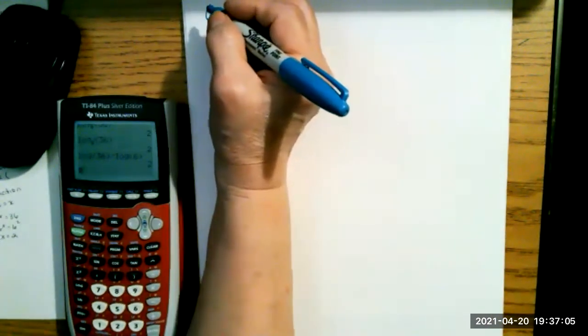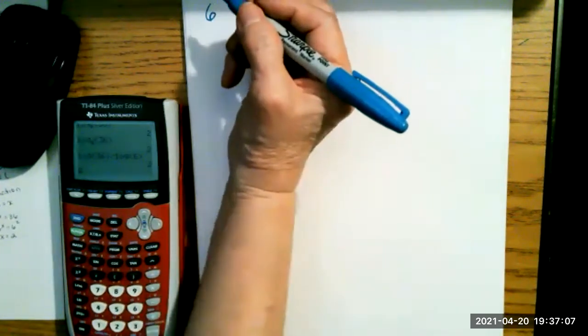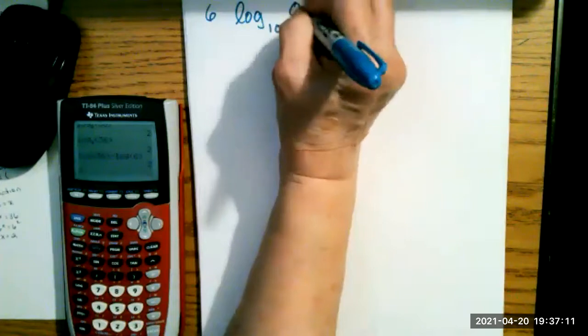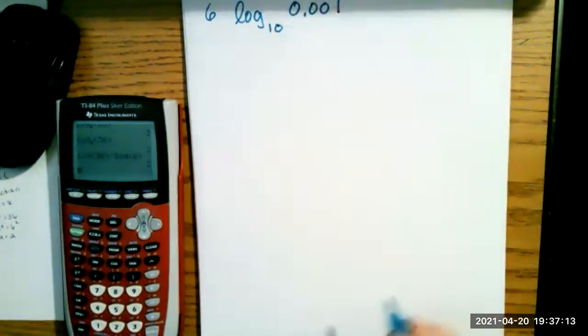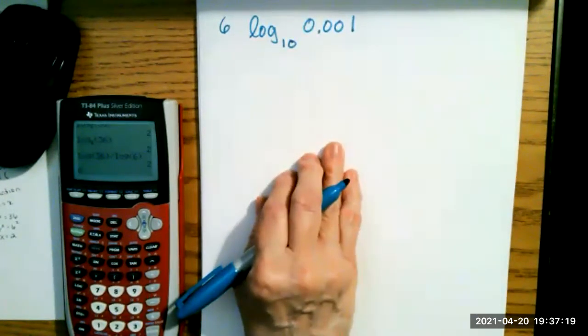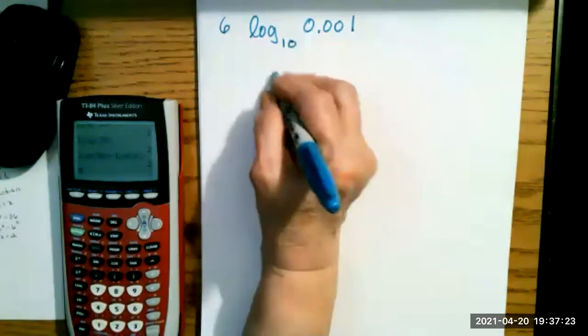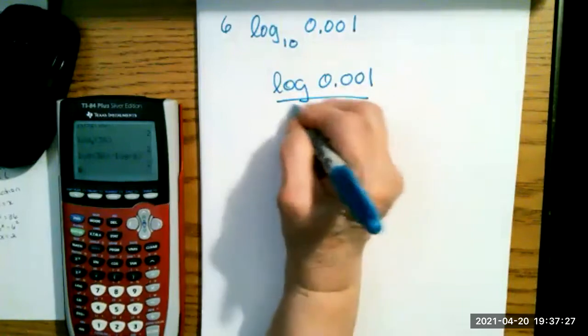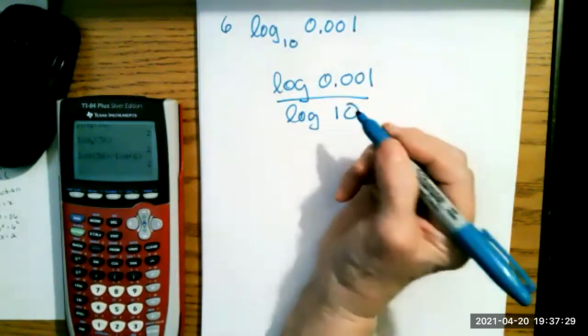Number 6. Log base 10 of 0.001. Okay, this one's tough to do exponentially. Let's do change of base: log 0.001 divided by log 10.